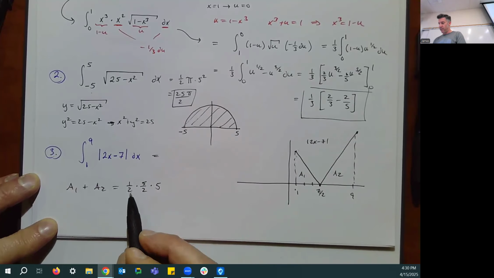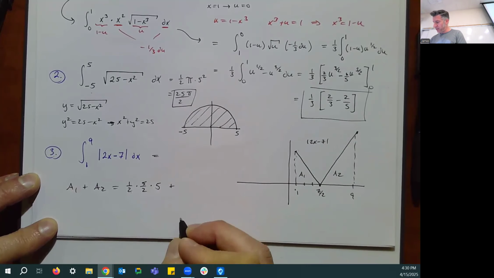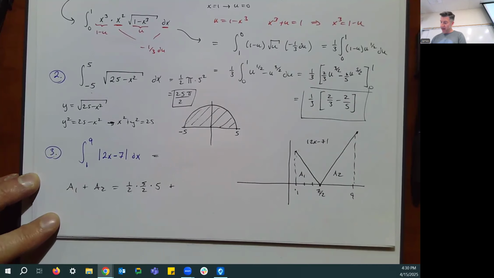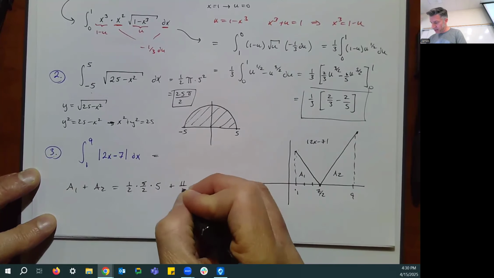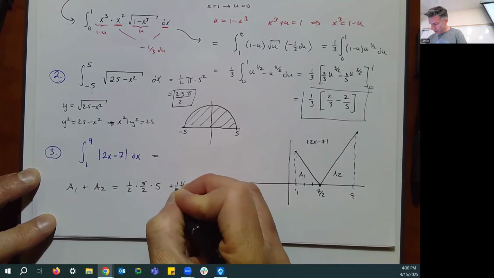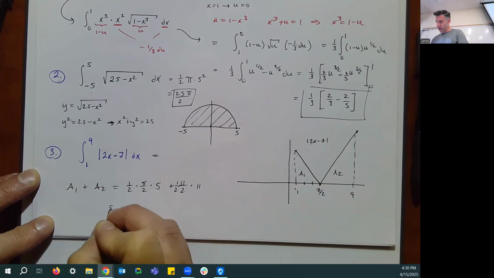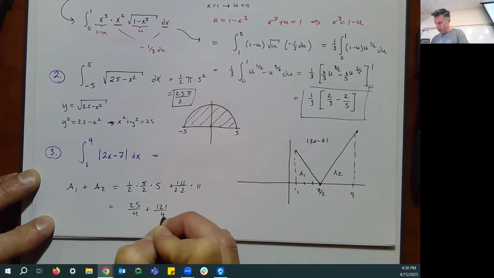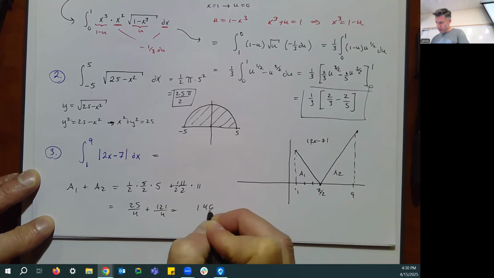So I get 1/2 my base times my height. And then my second triangle has a base of 9 minus 7/2, which is 18/2 minus 7/2, which is 11/2. And there's a 1/2 in front of that, times my height. And if you plug in 9, 18 minus 7 is 11. So I end up getting 25 over 4 plus 121 over 4, which is 146 over 4.